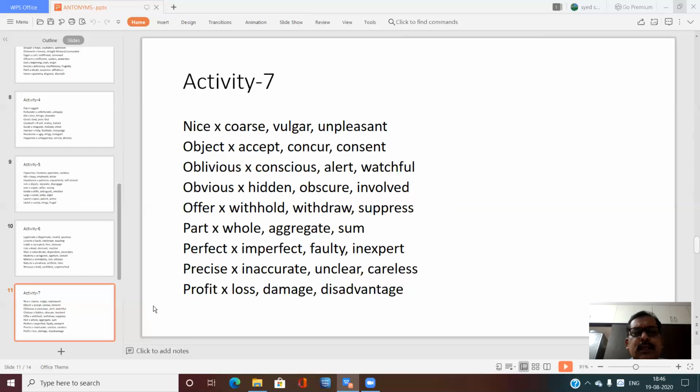Next, obvious. Opposite word: hidden, obscure. Offer. Opposite word: withhold, withdraw, suppress.